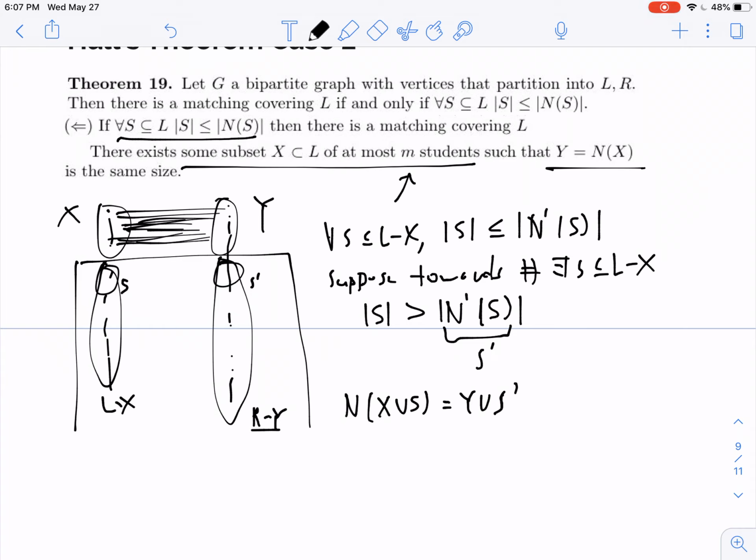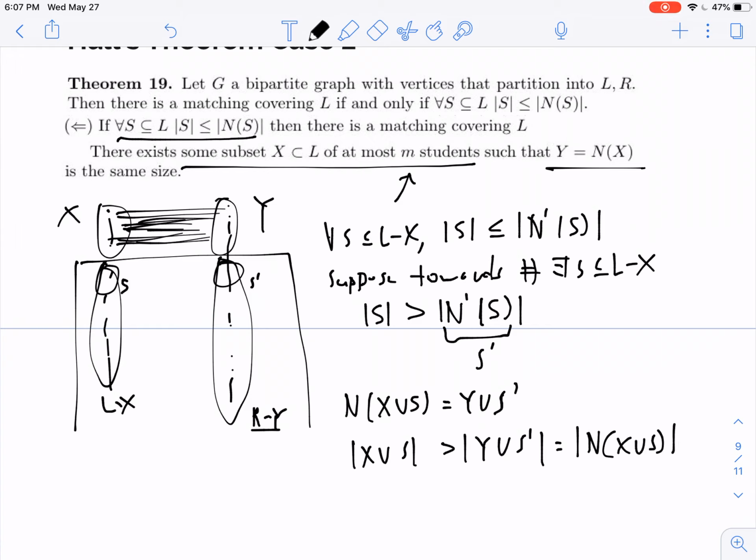But the issue is that X and Y are the same size, and the size of S is greater than the size of S prime. So the size of X union S is greater than the size of Y union S prime, in other words, greater than the size of the neighbors of X union S.